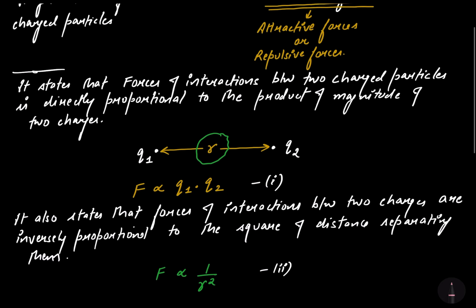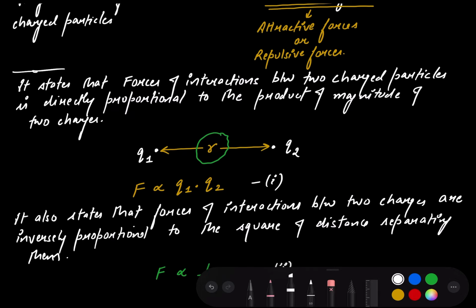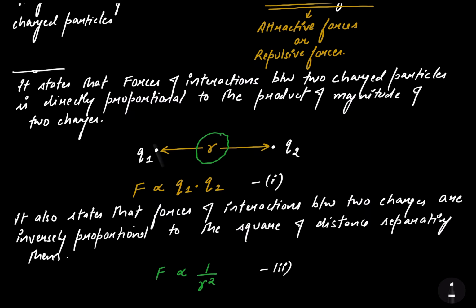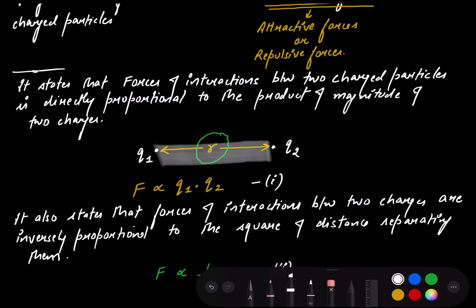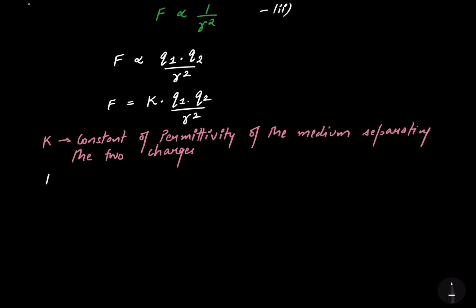Let us consider the medium between these two charges is vacuum or air. Then the value of K for air or vacuum comes out to be 9 into 10 raised to the power 9 newton meter square per coulomb square. So that's the value of the constant of permittivity for vacuum.